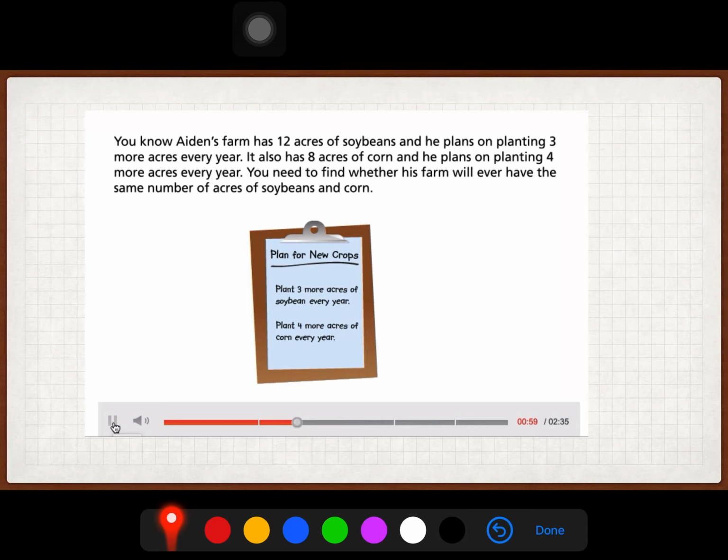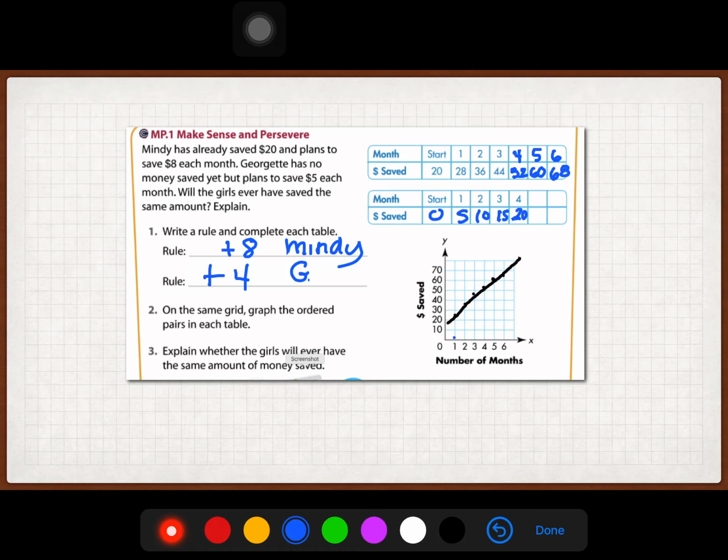There's her line. And then let's do Georgette's here in blue.